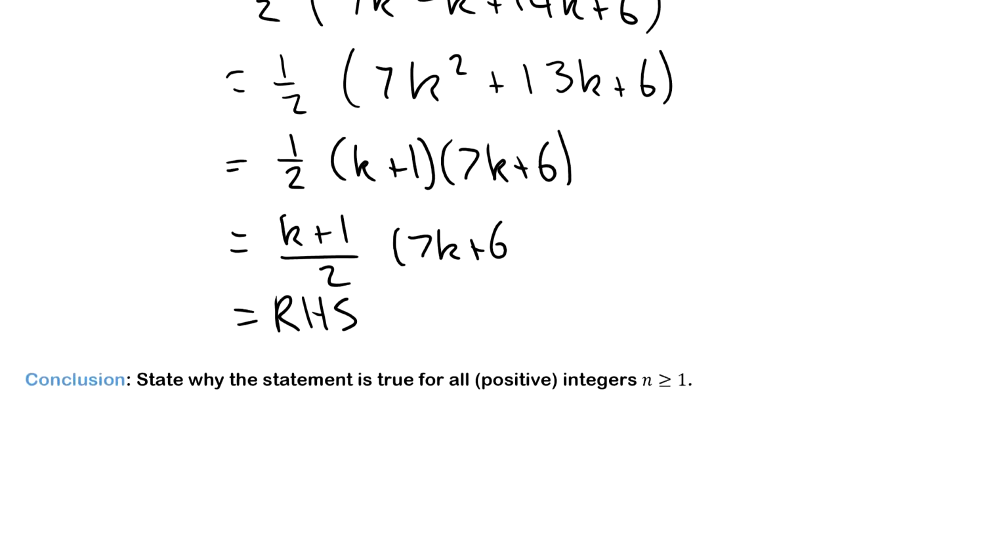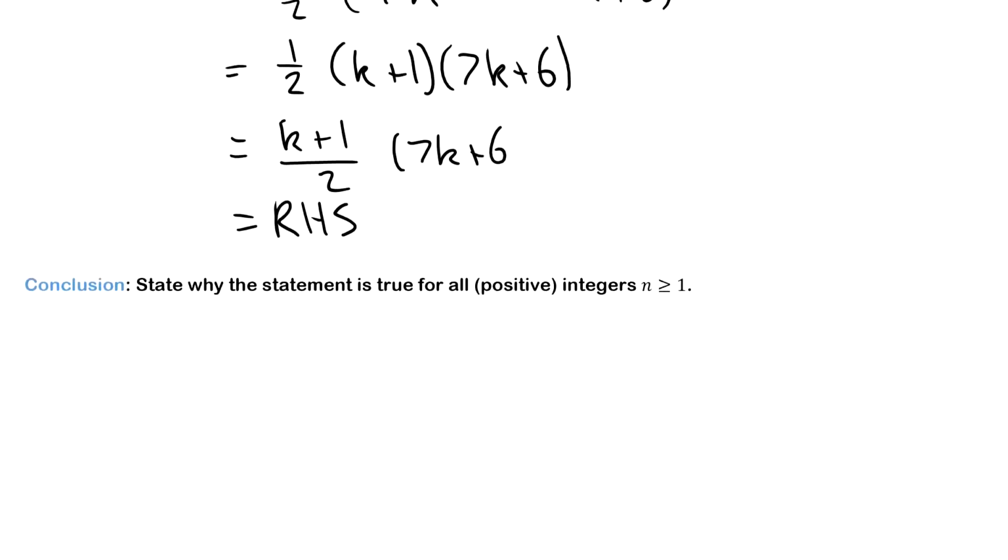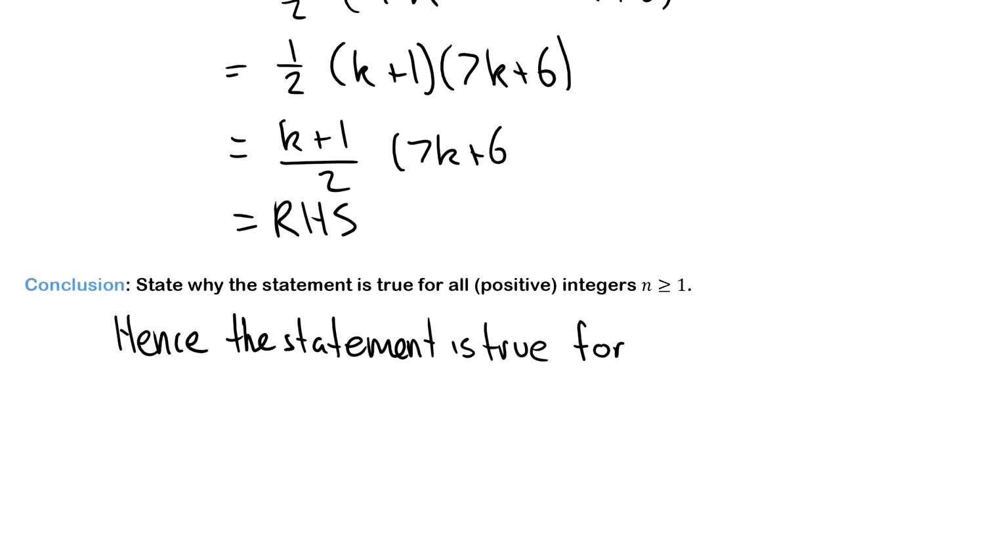So now that we've done that, we can state why the statement is true for all positive integers. So we can write, hence, this statement is true for n equals k plus 1. It is true for n equals 1.